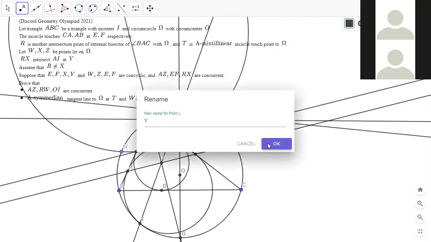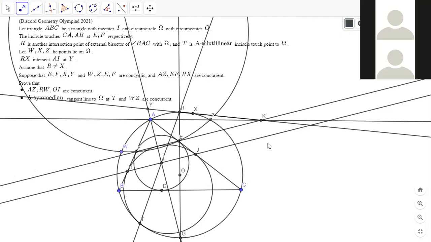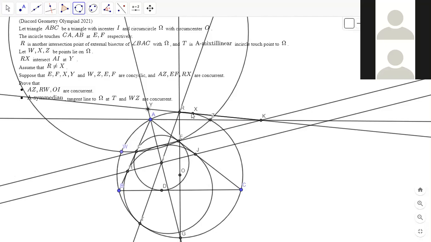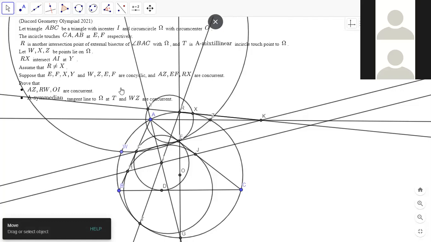And then they want EF. Oh, okay. So this is why it's tricky, because you have to kind of play around with the diagram to make it cyclic. So I'll try that. So we need E, F, X, and Y to be cyclic.